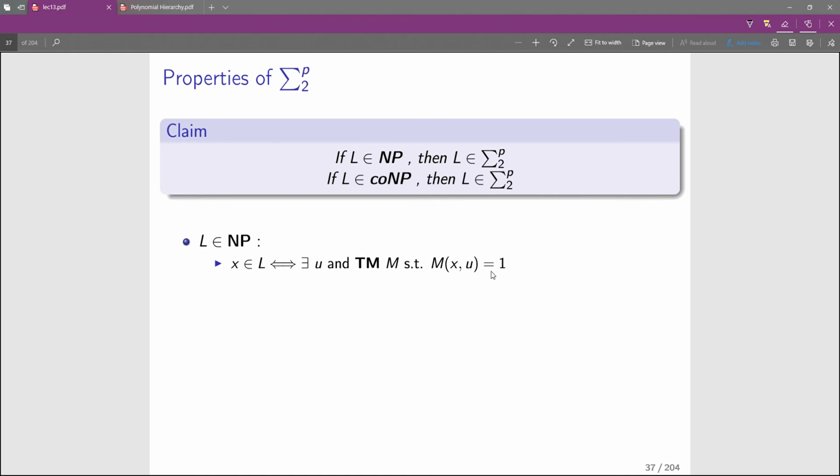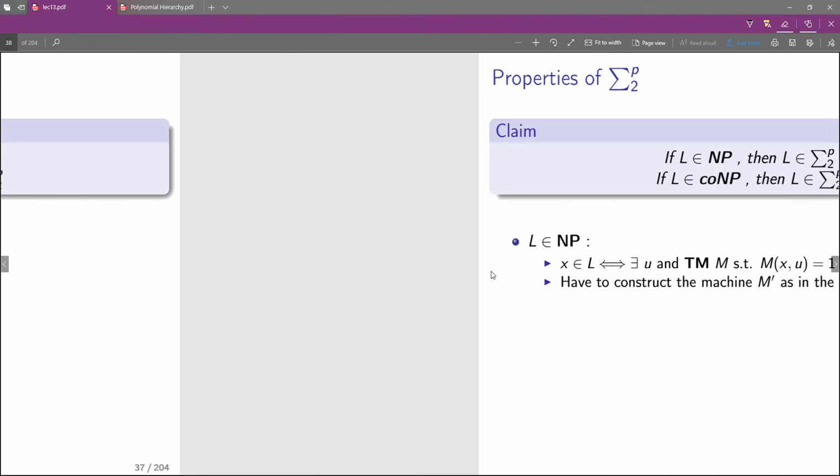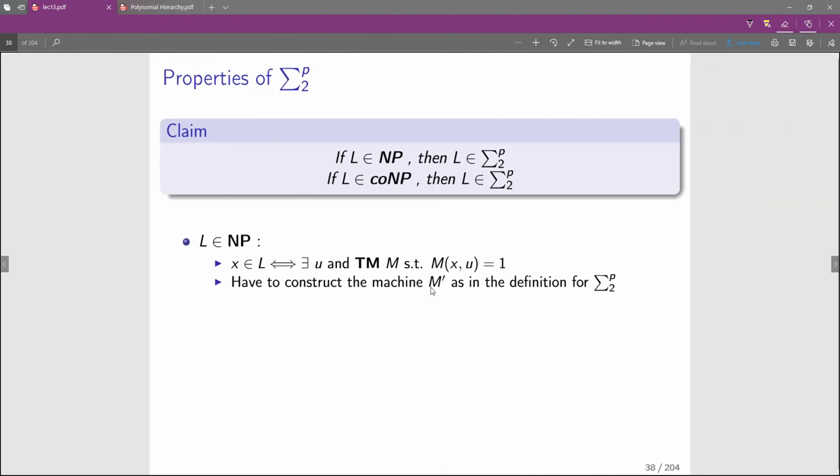The idea is to just ignore the second certificate. Whatever happens to V, just always accept if U is accepting. The key idea is that you have to construct the machine M dash in the definition of this. So M dash is equal to M, ignores V, and simply works as before on U.